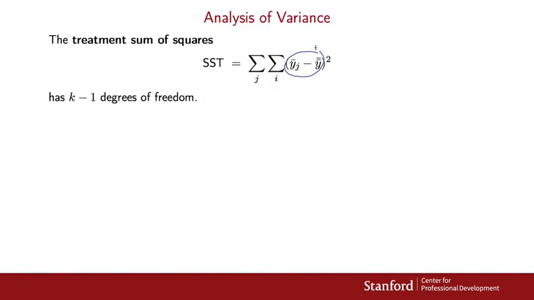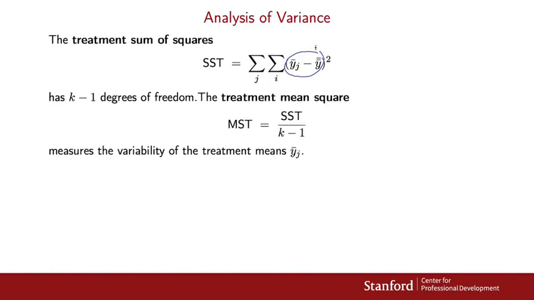This term has k-1 degrees of freedom. If we divide the term by its degrees of freedom, we get what's called the treatment mean square, MST. The treatment mean square is essentially the sample variance of the treatment means. So it measures the variability of the treatment means y bar j.